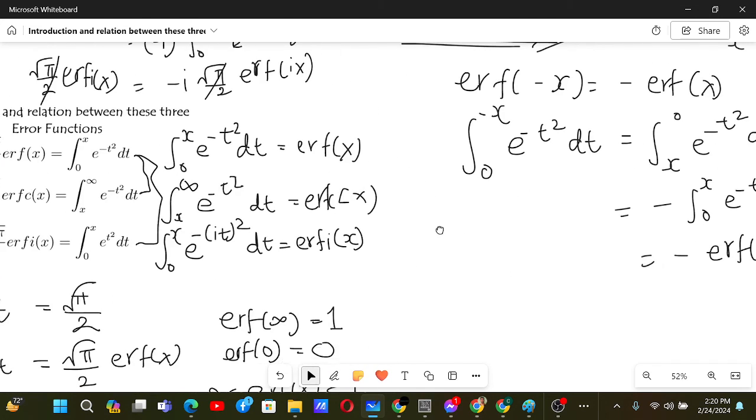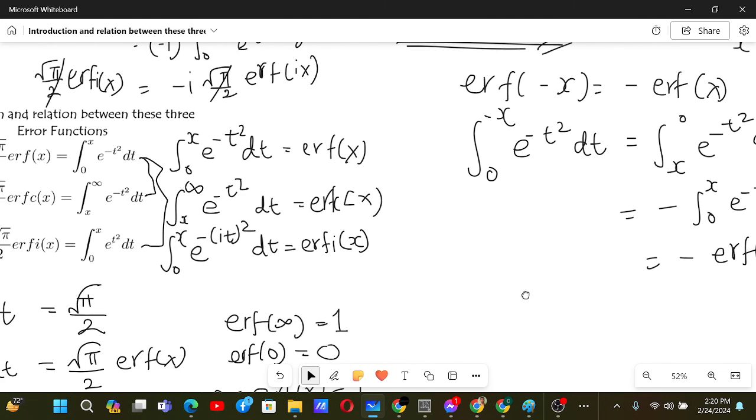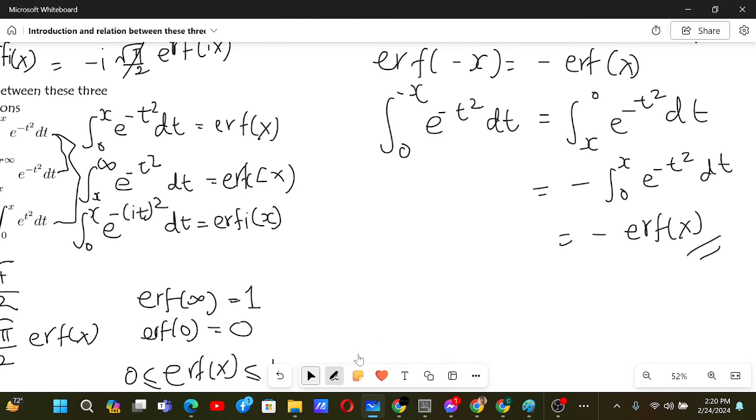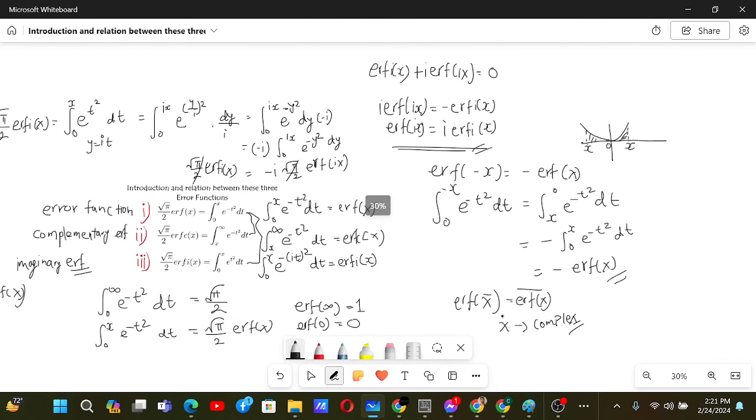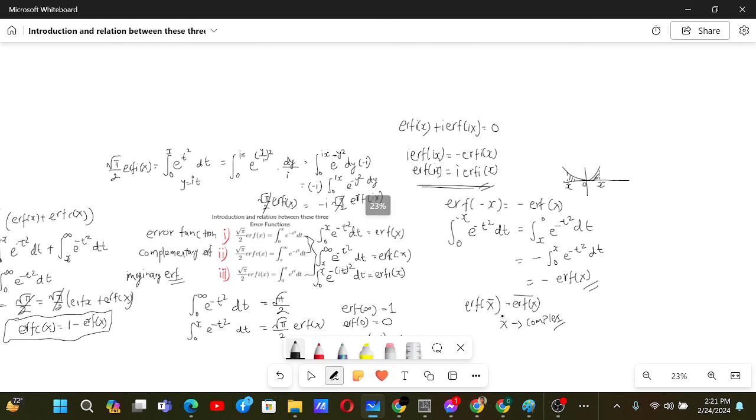Now I think this is enough for the video, and the last property that you can try to prove is erf of x complement is erf of x whole complement, where x is a complex number, and you know the complement for a complex number is just the reflection about the real axis.